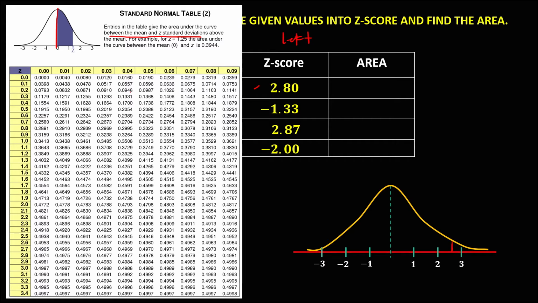And again, using this table, the area is between the mean and the z standard deviation. So we have 2.8, then 0.00, that's 2.80. Then you connect. So the area for 2.80 is 0.4974.